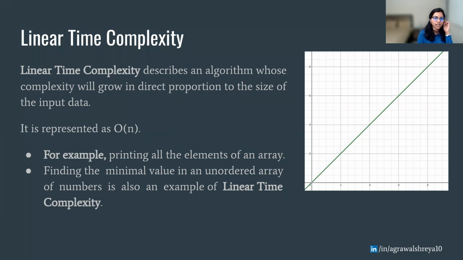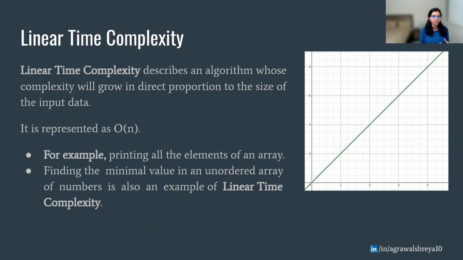If there are n elements, you will have to print all n elements, iterating over each element, accessing it and then printing it, then accessing the next element and printing it. That's why it is in proportion to the size of the input data.